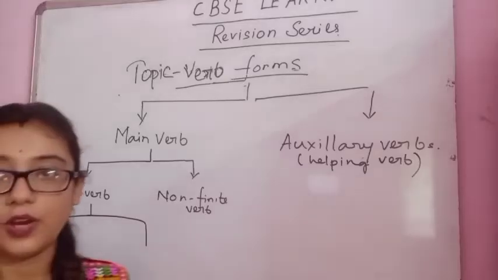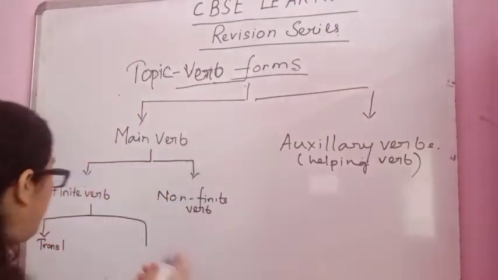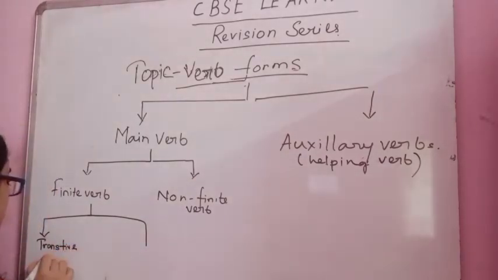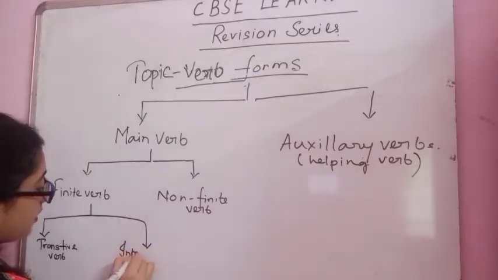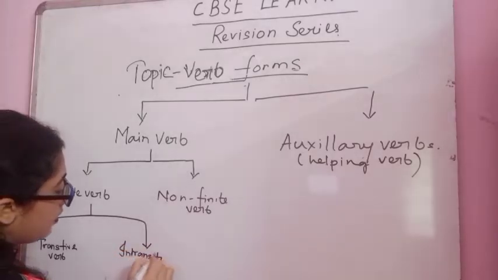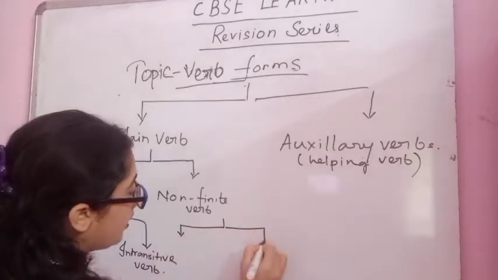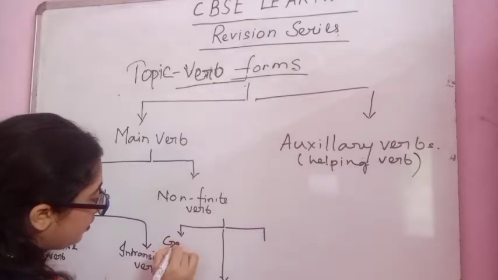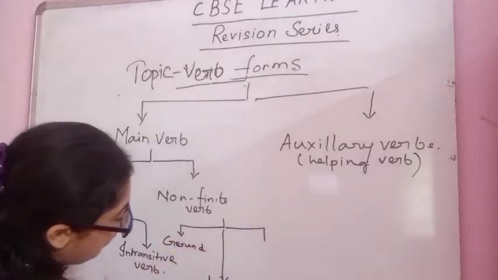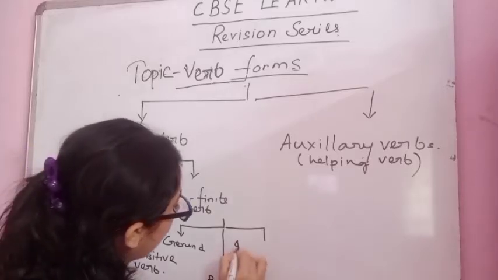Finite verb is further divided into two parts, that is transitive verb and the other is intransitive verb. And non-finite verb is further divided into three parts. Number one is gerund, participles and infinitives.